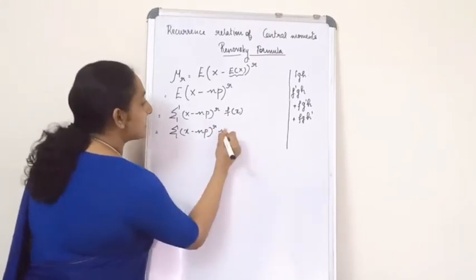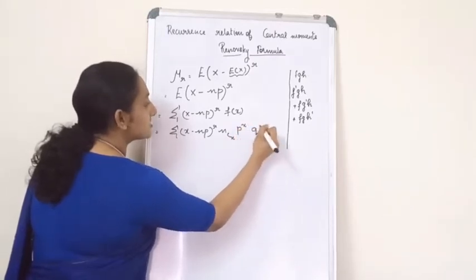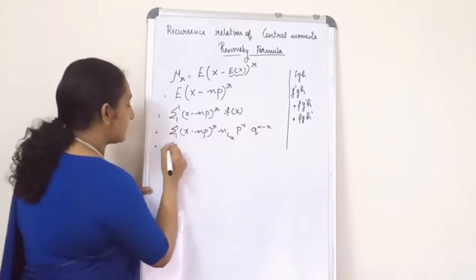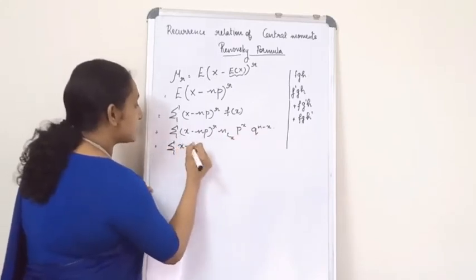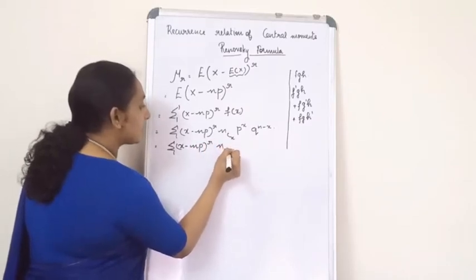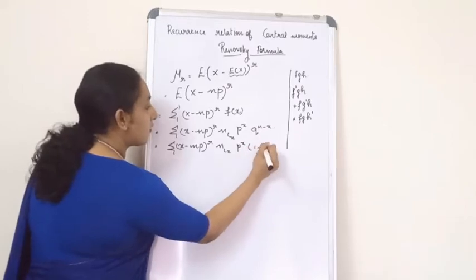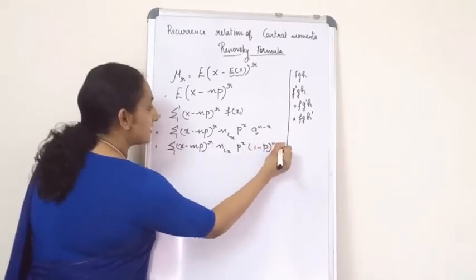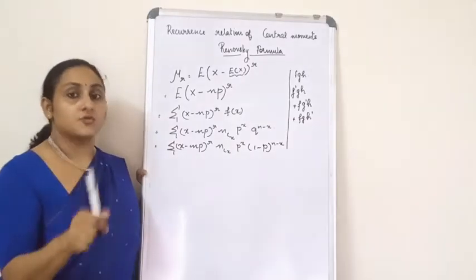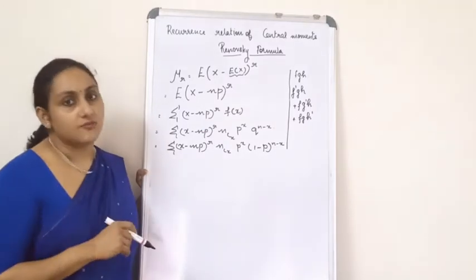Yes, nCx p raised to x q raised to n minus x. Now I'm going to rewrite this as summation x minus np the whole raised to r, nCx p raised to x, and instead of q, I will write 1 minus p the whole raised to n minus x. I hope that is not a problem for you. I know you all know the reason why I wrote 1 minus p instead of q.